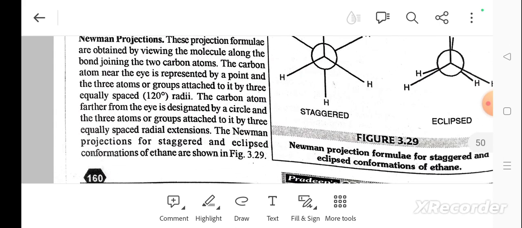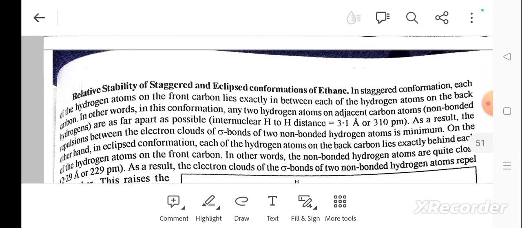The carbon atom further from the eye is represented by a circle, and the three atoms or groups attached to it by three equally spaced radial lines. The Newman projections of the staggered and eclipsed conformations of ethane are shown in figure 3.29.